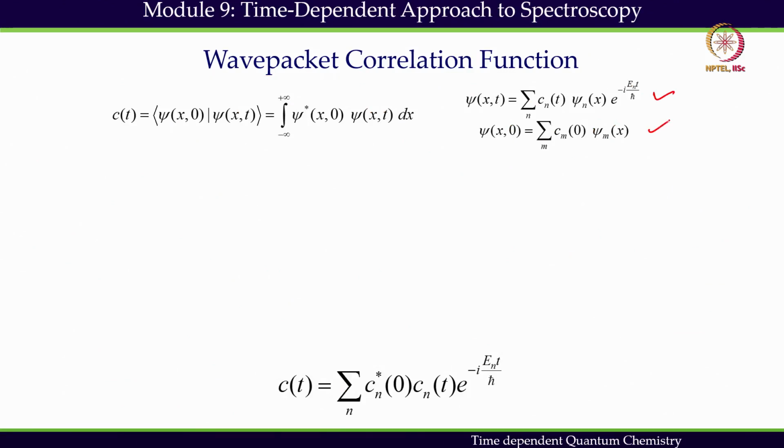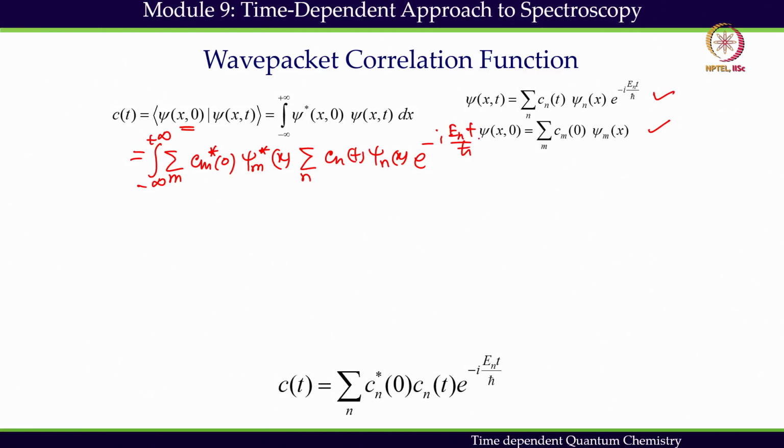If I insert them, what I get here is the summation over m, from minus infinity to plus infinity, of Cm star 0, this part being the complex conjugate, then psi m star x, then the summation over n of Cn t psi n x e to the power minus i En t by h cut.